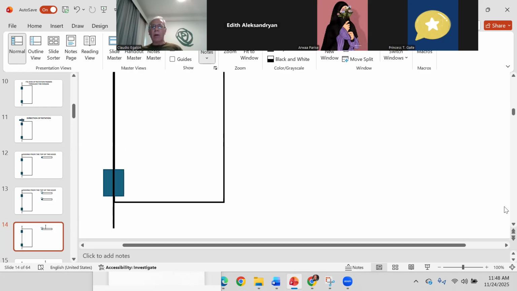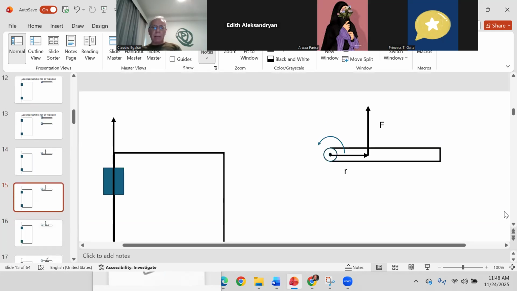And now we can start talking about the mathematical definition of the torque. The mathematical definition of the torque depends on the distance from the axis of rotation and the magnitude of your force.